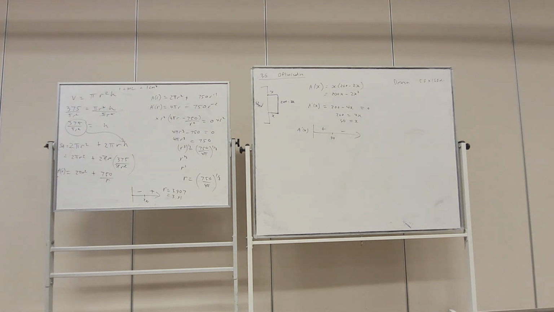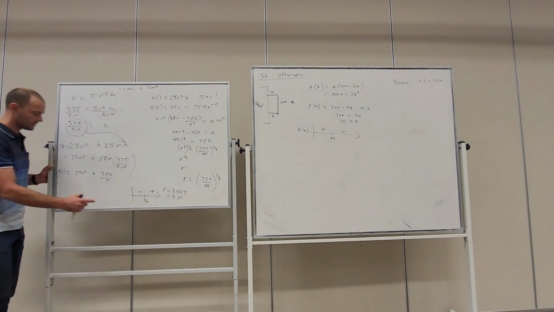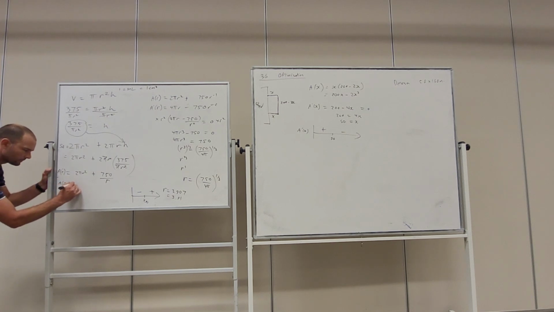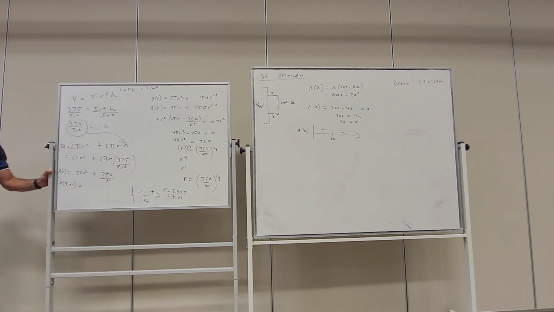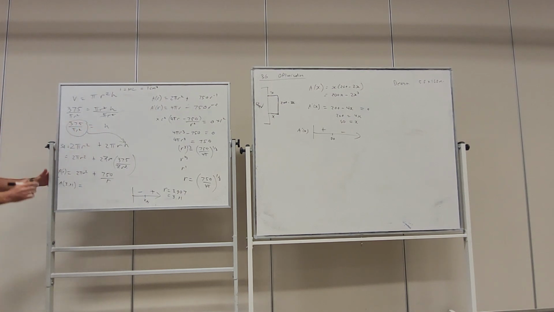Now we've got r, we need h and surface area. So in order to find the surface area, we're going to put that r value into the area function. We're going to find A of 3.91. And in order to find the height, well, that was one of the very first equations that we had. Height is 375 on pi r squared.